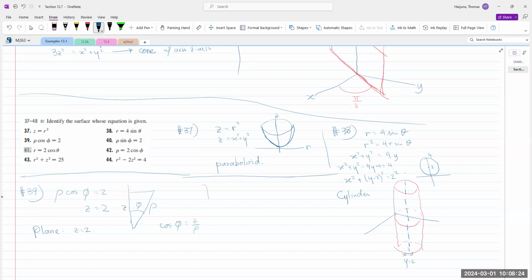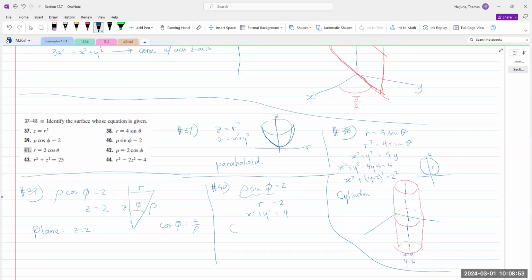Number 39. That's number 39. Number 40. How about rho sine phi equals 2? From this picture here, you will see this is basically r equals 2. But r equals 2 means x squared plus y squared equals 4, right?